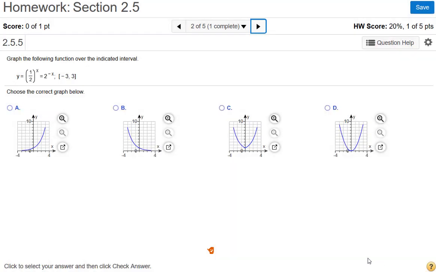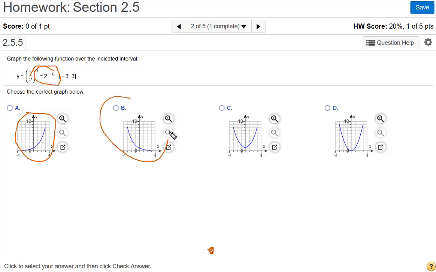And so the correct choice would be the D choice. I'll show you this one about if I just know what to expect. For example, here I've got the function 2 to the negative x. I should know that 2 to the positive x is going to look kind of like this, and the negative on the x just flips the graph in the horizontal direction.